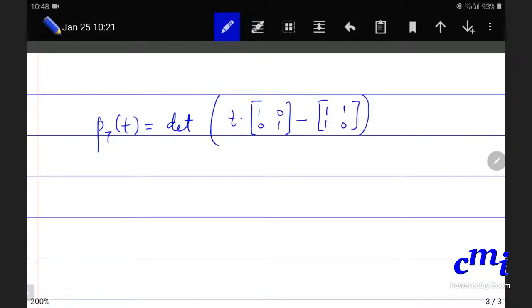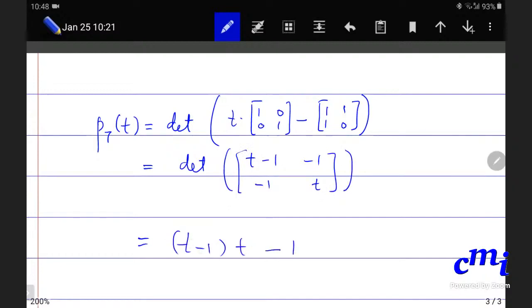So the characteristic polynomial of T is the determinant of t times the 2 by 2 identity minus A, and this is just the matrix with t minus 1 on the diagonal and minus 1 off it. This is t minus 1 times t minus 1.